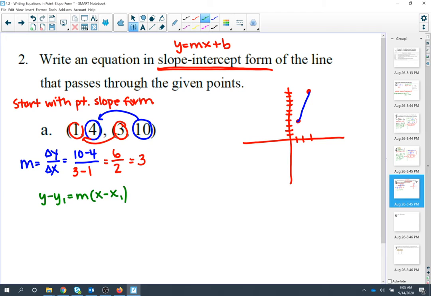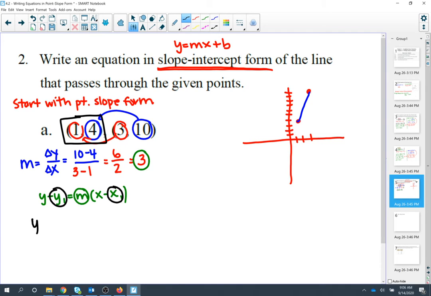Now, I know that my slope is 3. So the only other thing I'm going to need is a point to substitute here and here. Well, I have 2 points. I have (1, 4), and I have (3, 10). You can use either one. It does not matter. I'm going to use (1, 4) just because the numbers are smaller. 1 and 4 are smaller than 3 and 10, and I like smaller numbers.